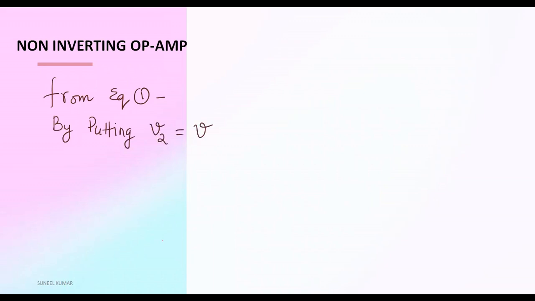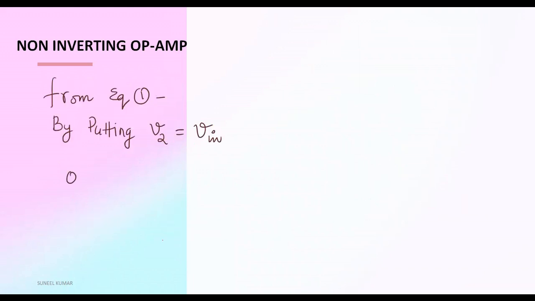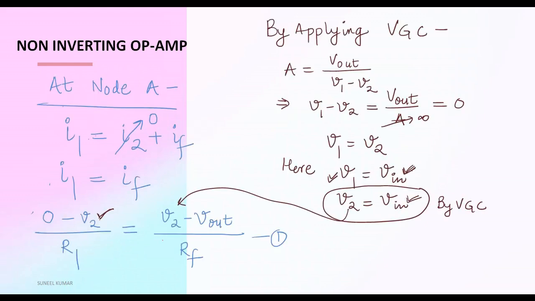So from equation 1, by putting V2 equal to V input, what will happen? 0 minus V2, that is V input, divided by R1, and this is V2 minus V output divided by RF.